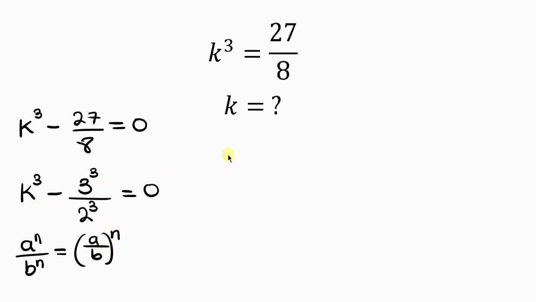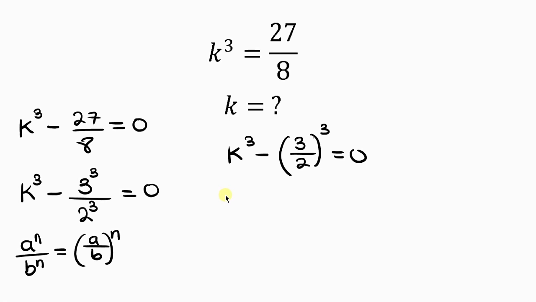So we have k cube minus this expression now becomes 3 over 2 raised to the 3. And this is equal to 0.